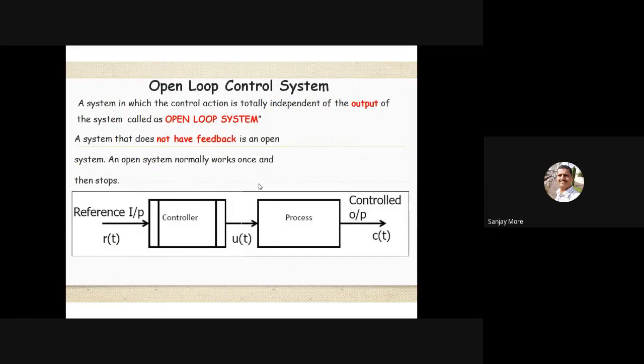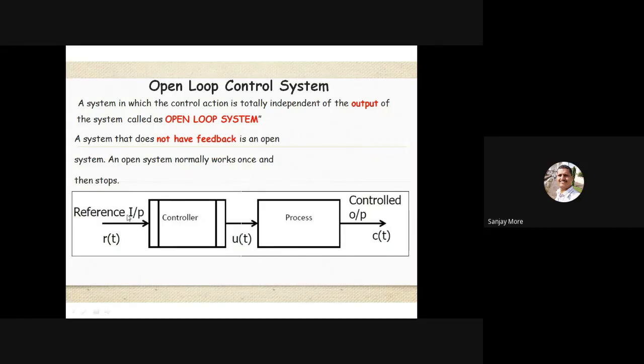Here, see the description of open loop control system. In an open loop control system, there is no feedback. A system in which the control action is totally independent of the output of the system is called an open loop system.